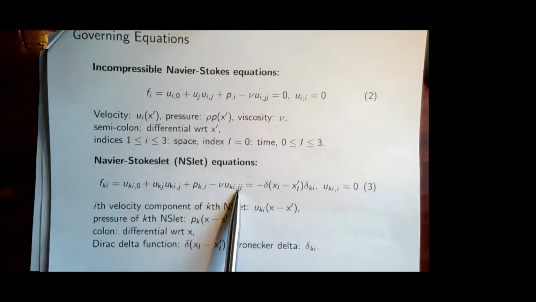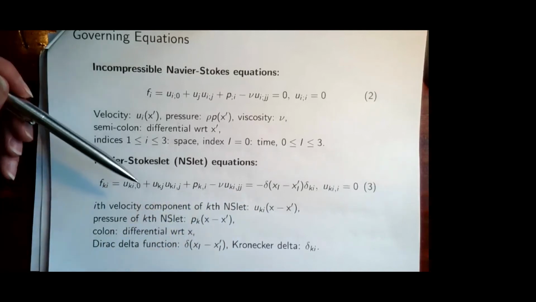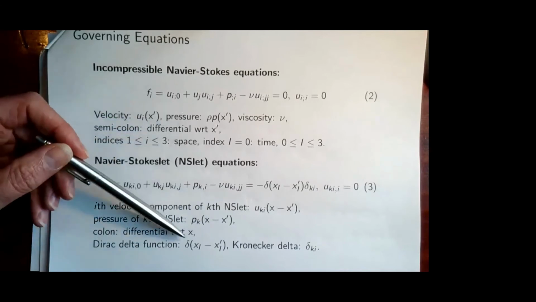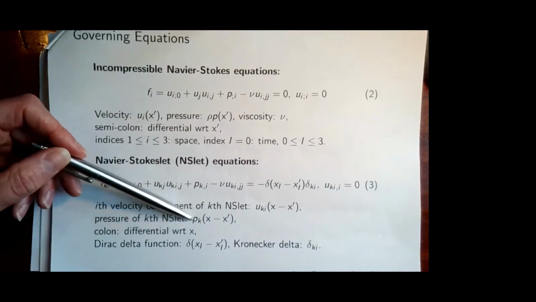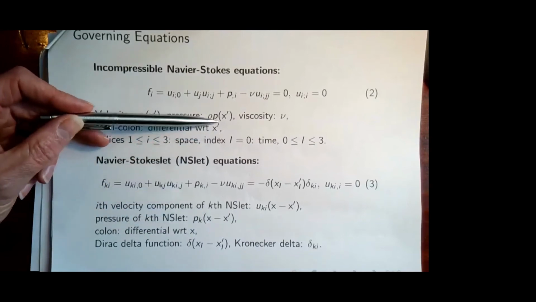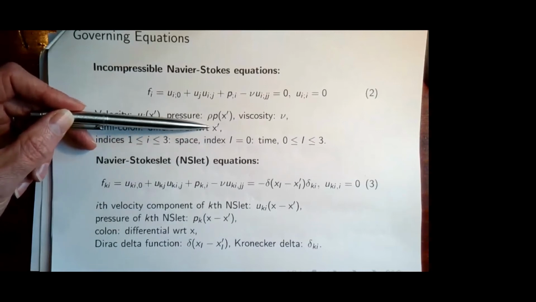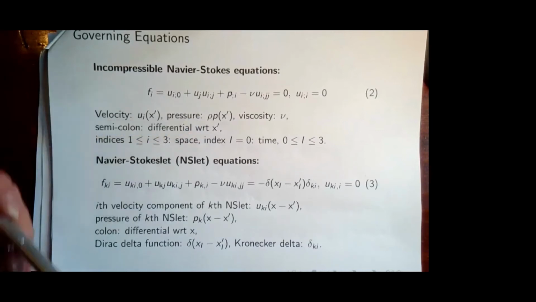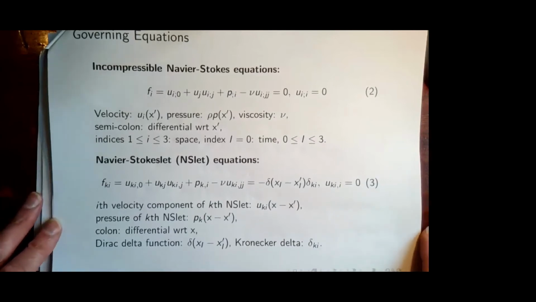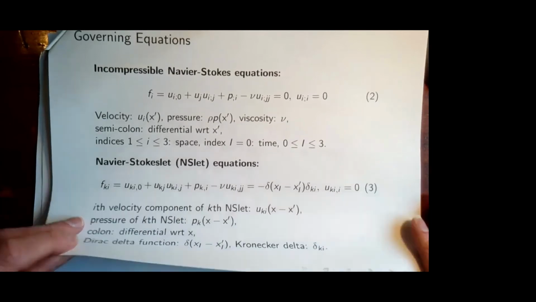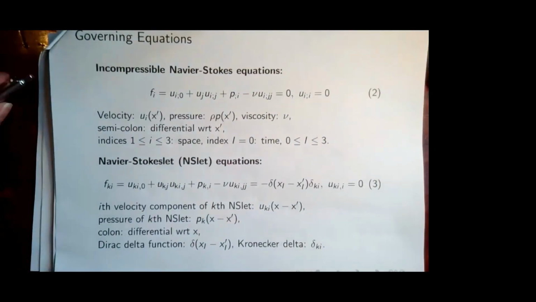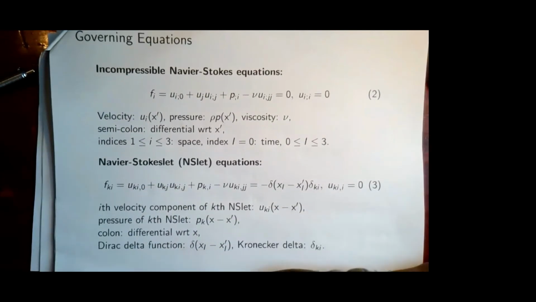Comma differential means it's differentiated with respect to the x value, not the prime value, so that's the variable in the fluid rather than the variable that parameterizes the boundary. And this delta ki here is the Kronecker delta term. Okay, have I gone through everything that I want to here? I think so. Now I'll go back to the actual slides themselves.